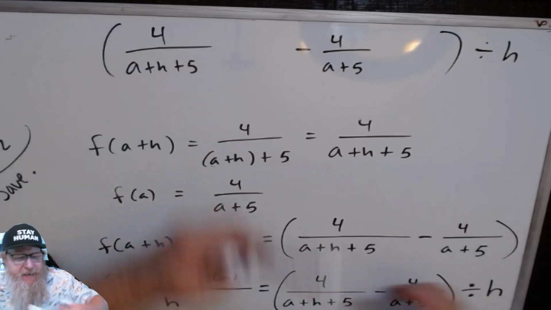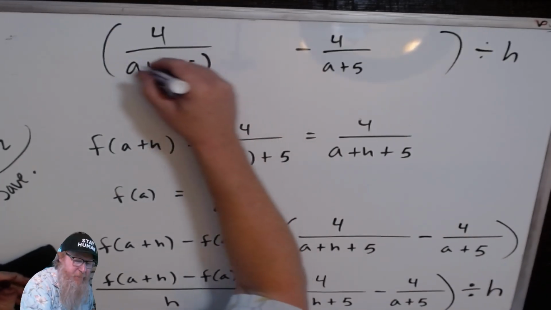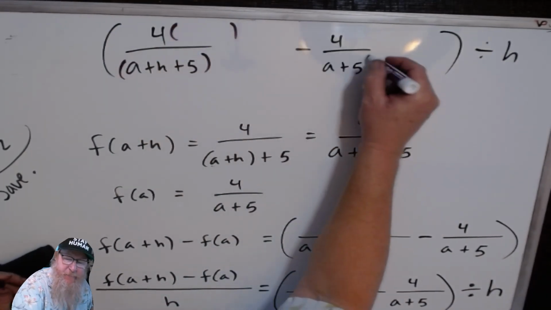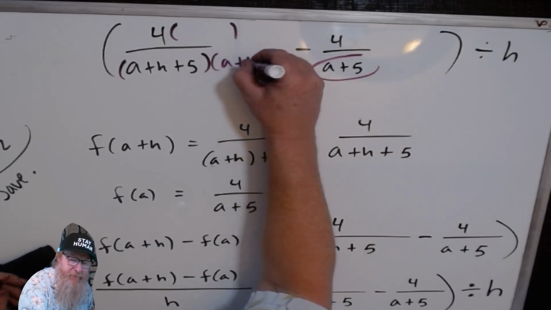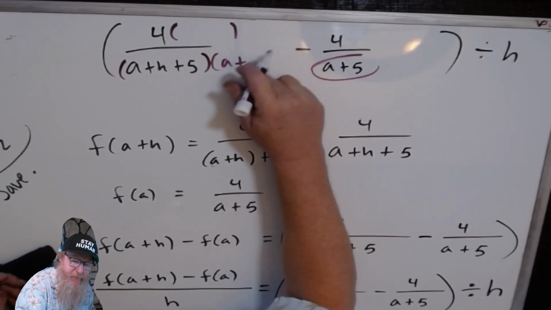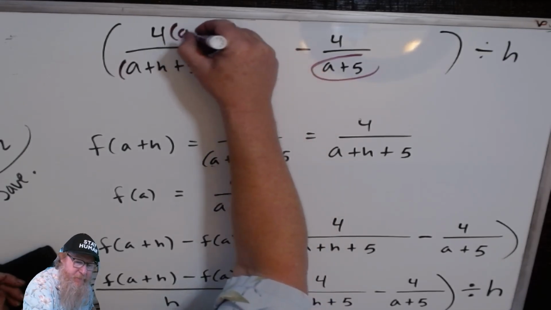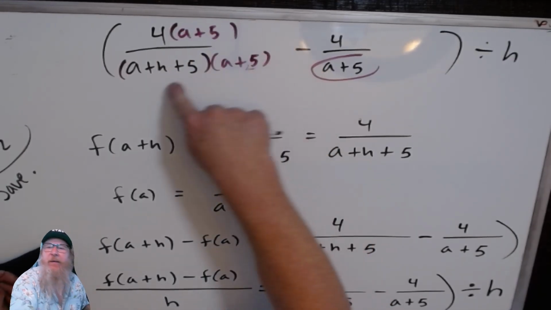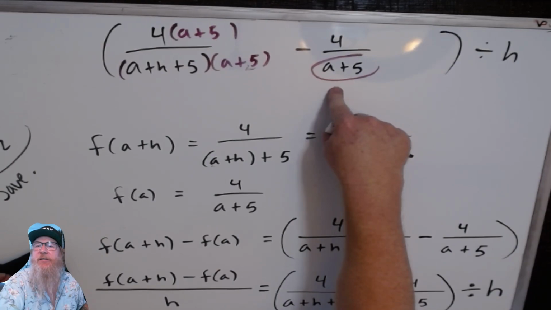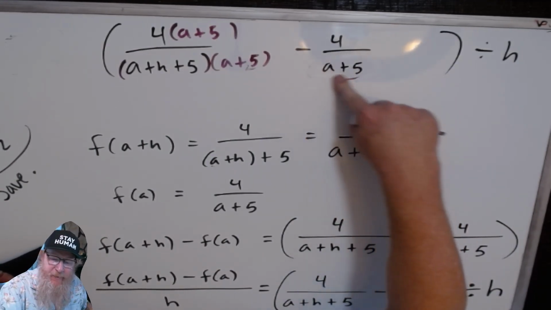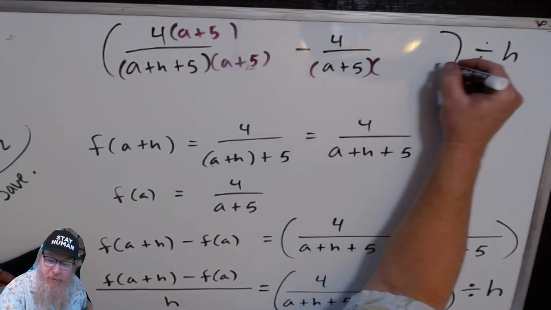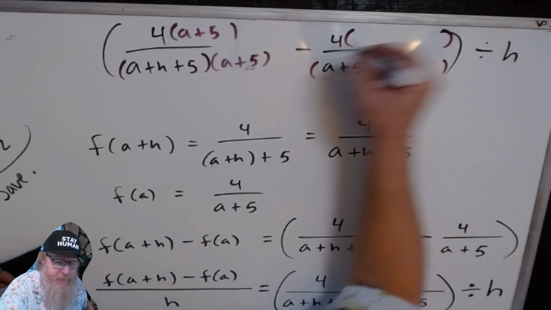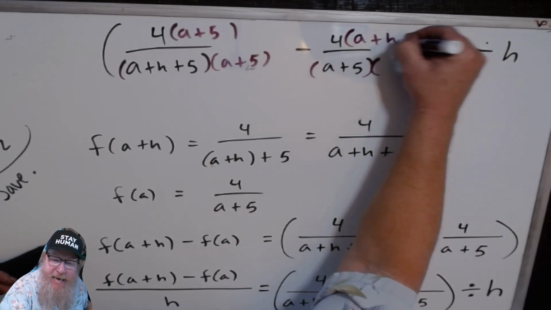And now I'm going to find an LCD. So I'm going to multiply this one by a plus 5. Right, I want these denominators to be the same. And then I'm going to multiply this one by a plus h plus 5.